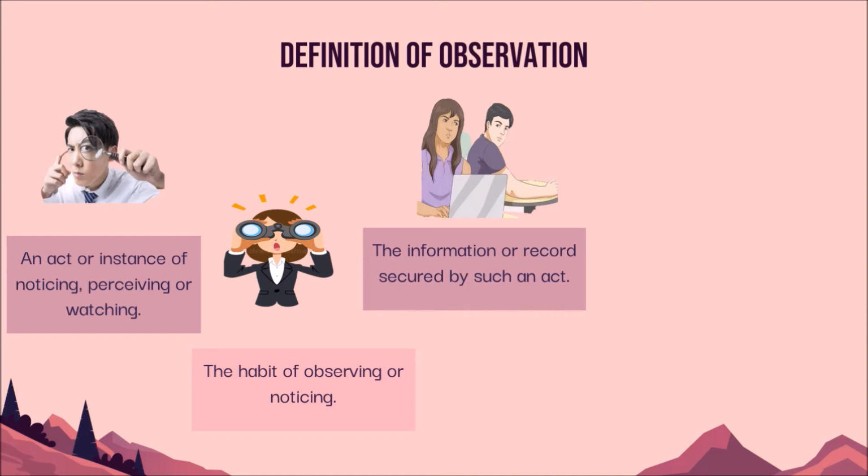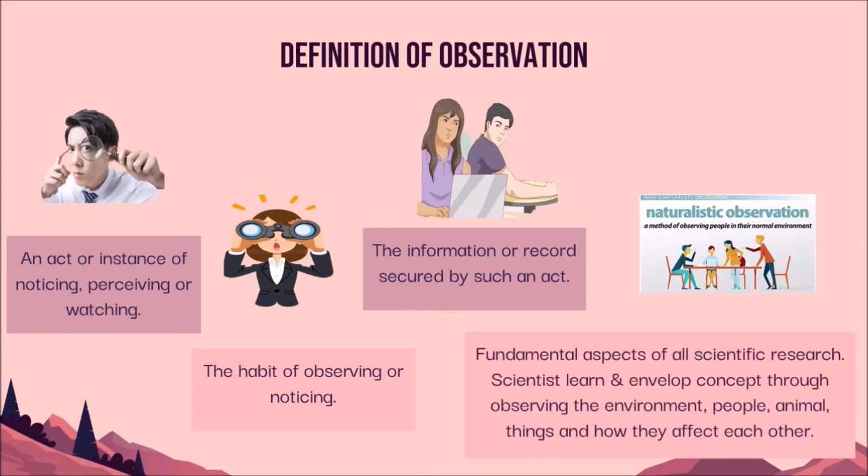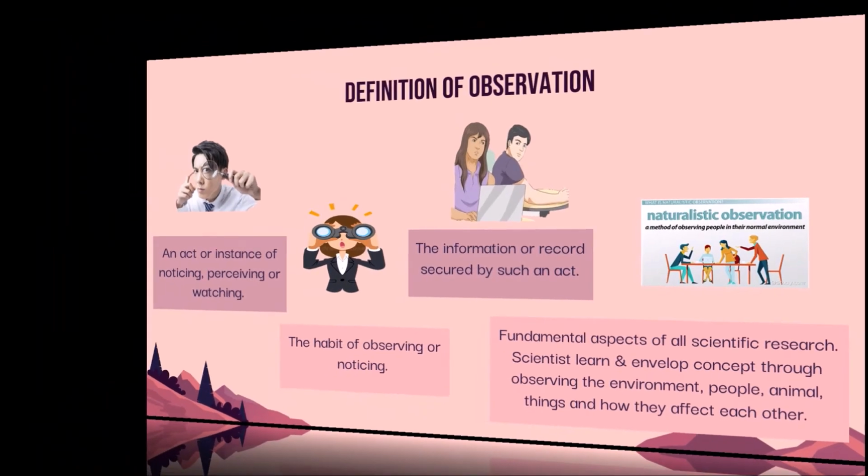And the last one, observation is a fundamental aspect of all scientific research. Scientists learn and develop concepts through observing the environment, people, animals, things, and how they affect each other. In short, an observation is something that you have learned by seeing or watching something and thinking about it.